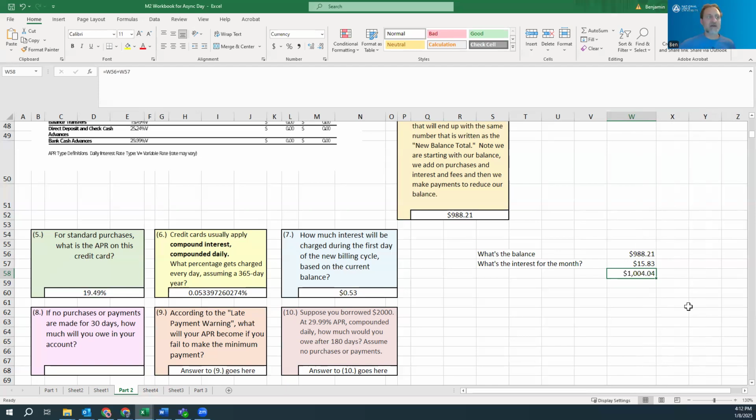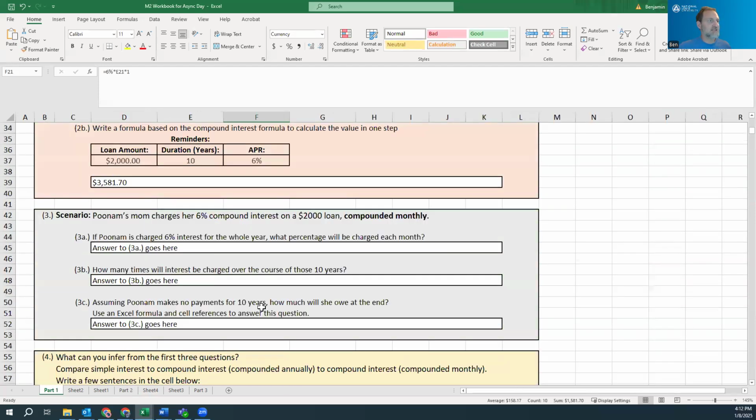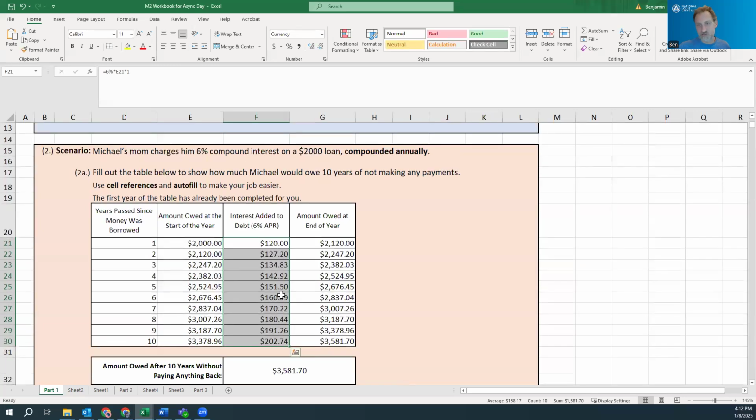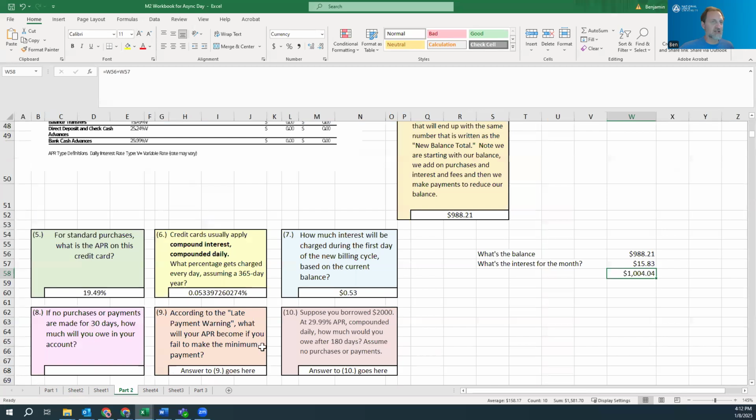But the thing is, with compound interest, we know from this part that as time goes by, the interest actually increases. Now, these are pretty small amounts, 53 cents and maybe 54 cents, so it shouldn't be wildly different, and this should be a pretty good estimate. But let's use the compound interest formula and look at it. So in the compound interest formula, we take the principal, which is 988.21.